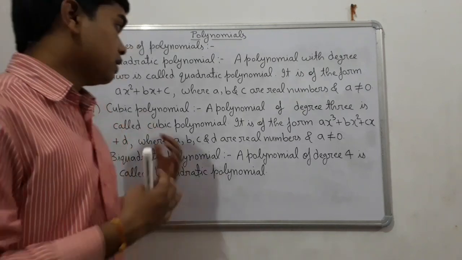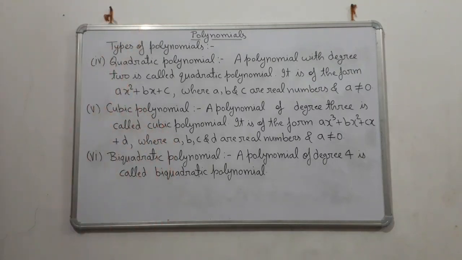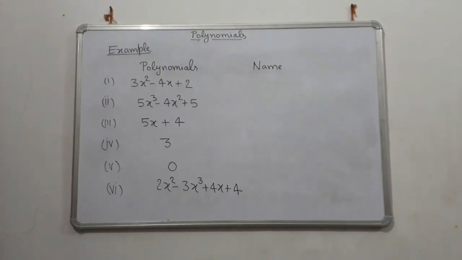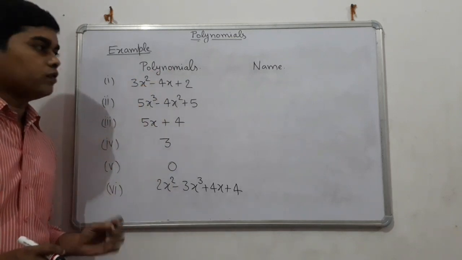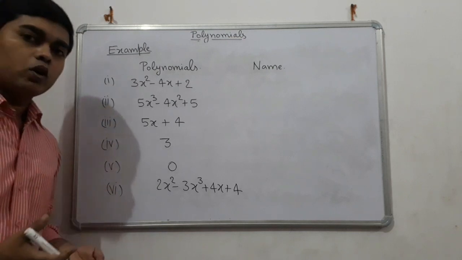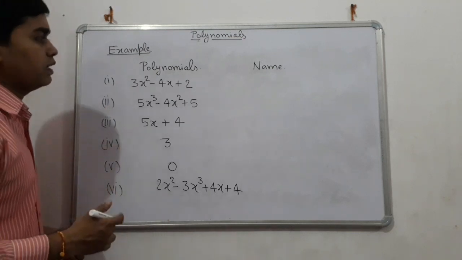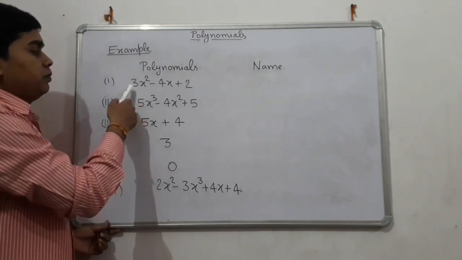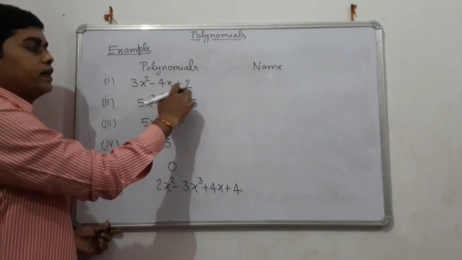Now we will see these polynomials with some examples. So let us see. Children, here I have written some polynomials. Now we will discuss whether the given polynomials are quadratic, linear, cubic or constant polynomials. So how can we see? First one is 3x square minus 4x plus 2.